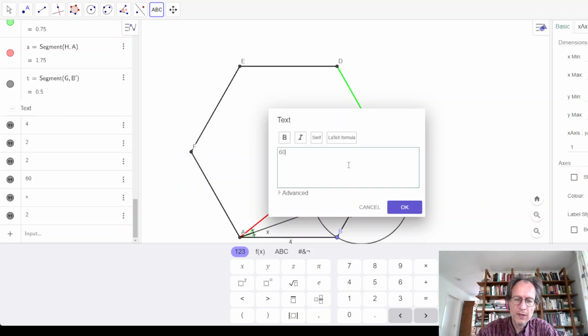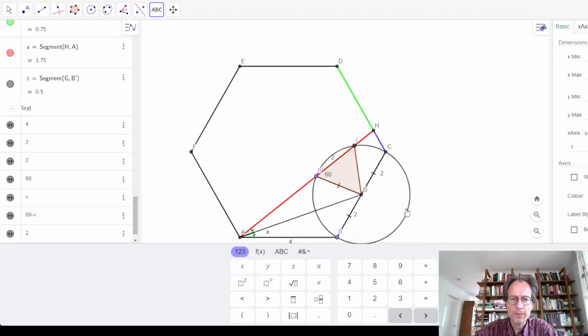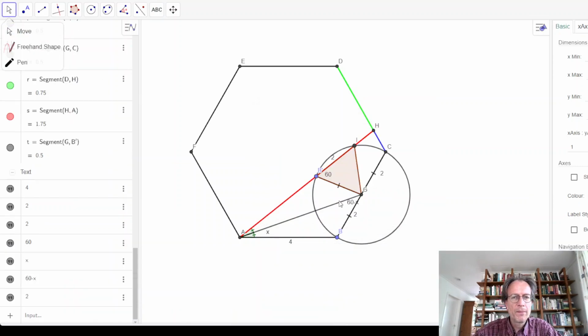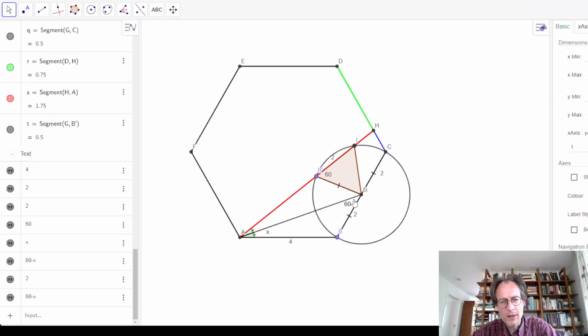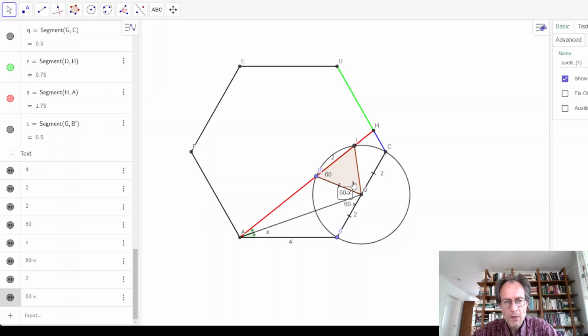All right, 60 minus x. Of course, because it's a kite, that 60 minus x is also there. So here, obviously, we have 60. So what we are left with is very easy here. It's 2x.